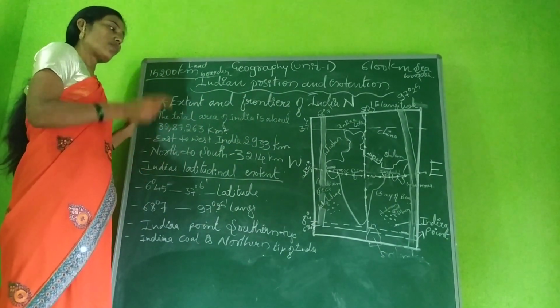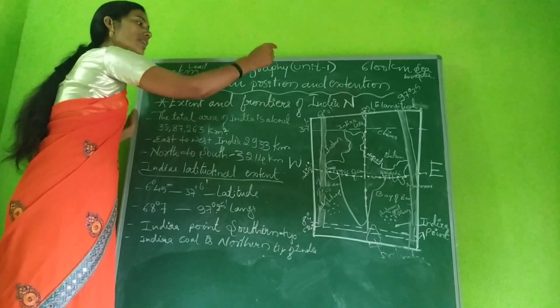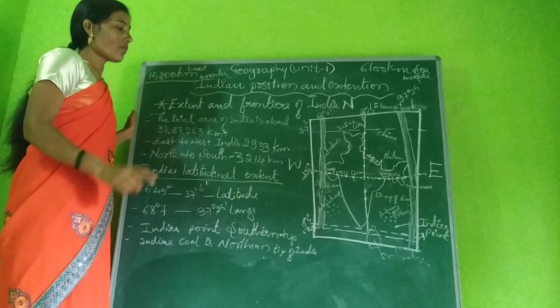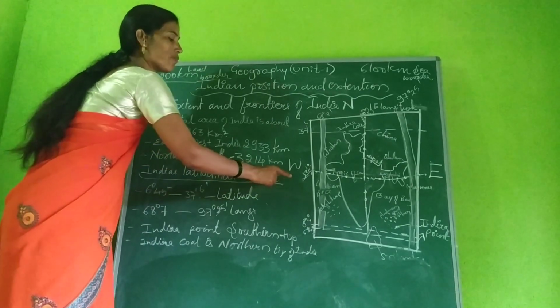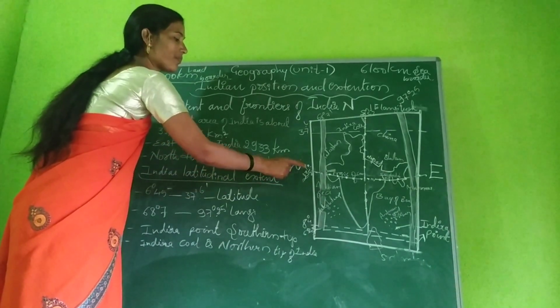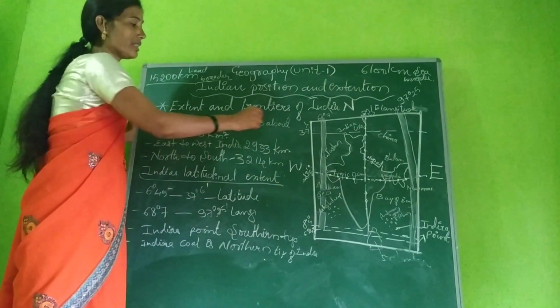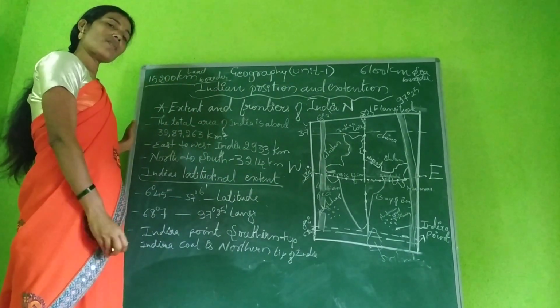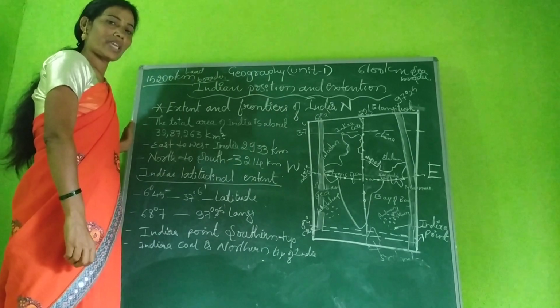And one latitude and one longitude pass through the middle of India. The latitude 23 and a half degrees passes through the middle of India. It is also known as the Tropic of Cancer.